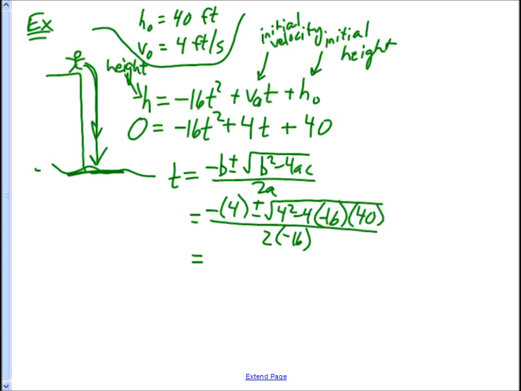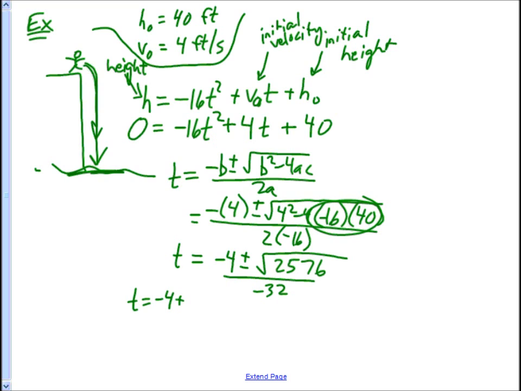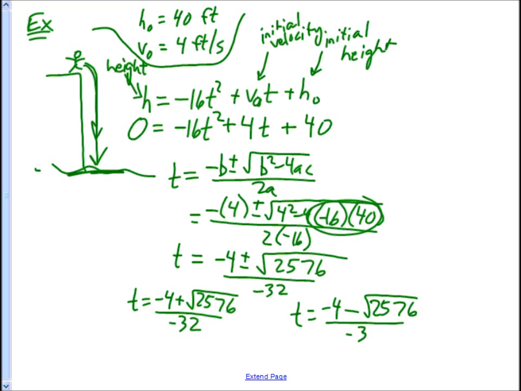You start simplifying this and you end up with negative 4 plus or minus the square root of 2576, when I take this 16 minus this number, all over negative 32. And then you separate each of those. So t is negative 4 plus square root 2576 all over negative 32. t is negative 4 minus square root 2576 all over negative 32.